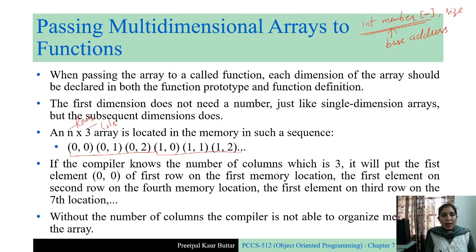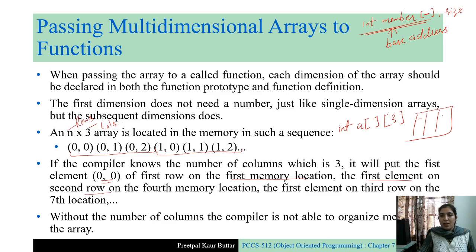So if the compiler knows the number of columns, which is 3, the compiler does not need to know the number of rows. It can be skipped, but it needs to know the number of columns in each row, because it will put the first element of the first row, 0,0, at the first memory location, then the first element of the second row.